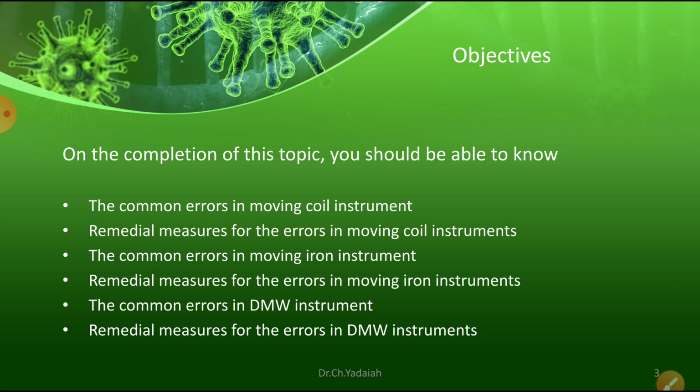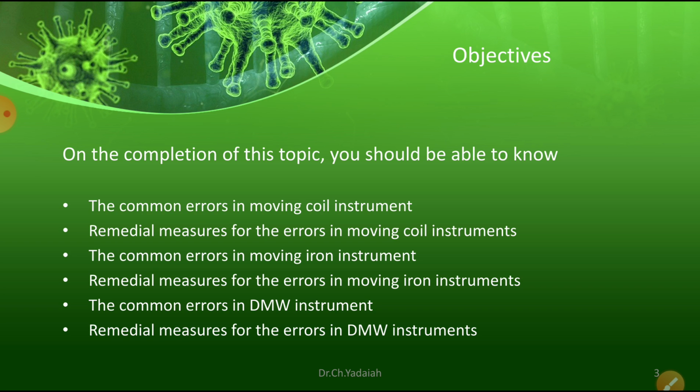We have to consider how to overcome these errors, how these errors occur in moving coil instruments, moving iron instruments and dynamometer type instruments, and what are the general remedies provided in instruments. We will learn this in this class. Okay, so what are the general errors?